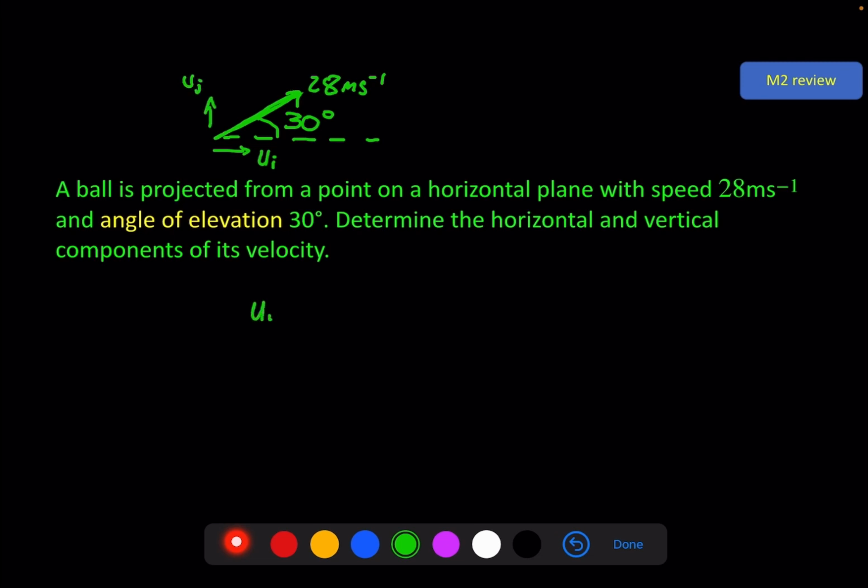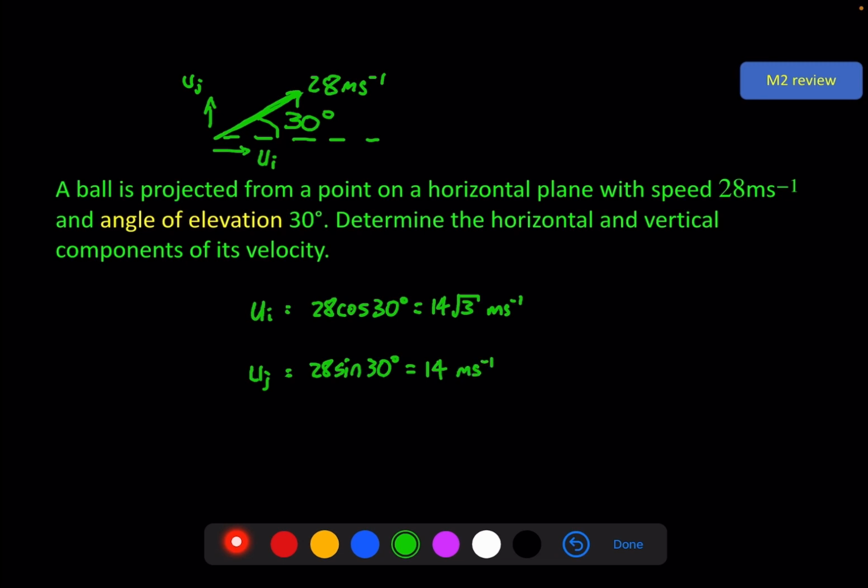So UI, just using basic trigonometry, is 28 cosine of 30 degrees, and UJ is equal to 28 sine of 30 degrees. This one equals 14, and this one, cos of 30 is root 3 over 2, so that's 14 root 3.